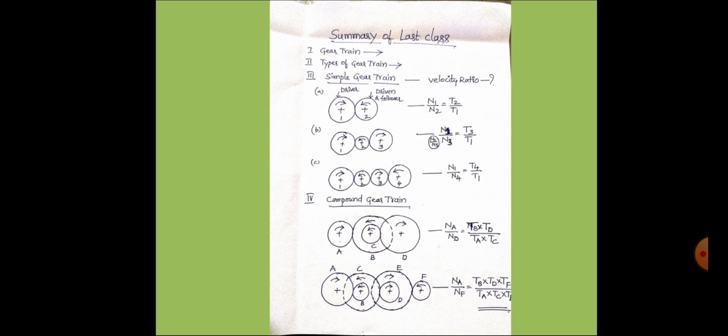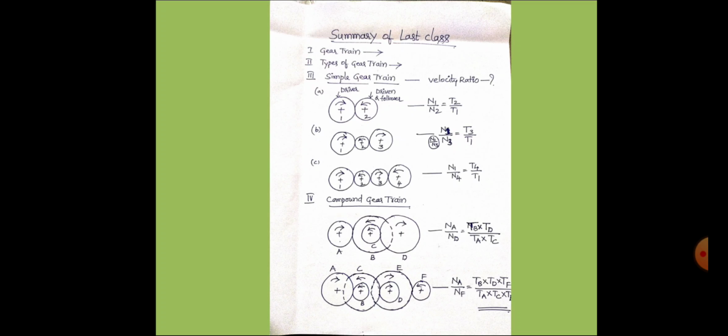Now in case of a compound gear train, the velocity ratio is NA, speed of the first driver, by speed of the last driven, that is ND, because A is the first driver, C is the second driver, gear B is the first driven, and gear D is the last driven.